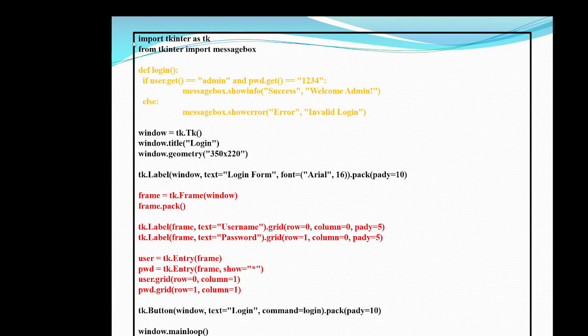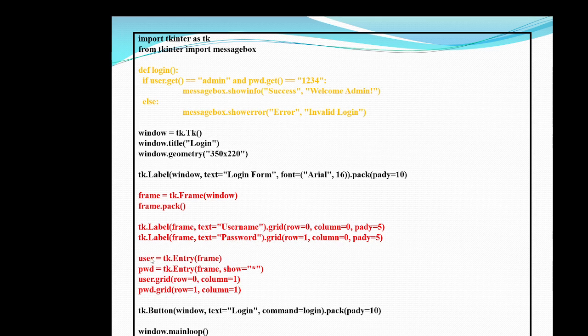See here, I have imported the libraries and modules, also the message box module. Then I wrote a login user defined function and I created a root window. Within that window, I gave the title as login with a size so and so. And within that, I specified a label called login form. And then I created a frame in a simple layout format. And within that frame, I placed the labels username and password.